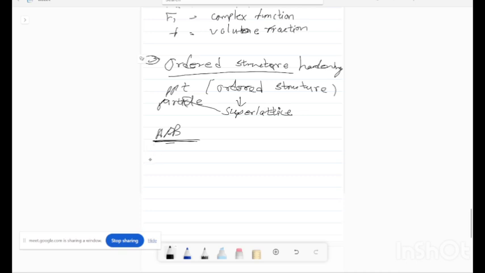The formula for this is delta sigma equals 2 by square root of pi, E, where E is the Young's modulus, followed by gamma APB divided by B, to the power 3 by 2, R power half or F power half.